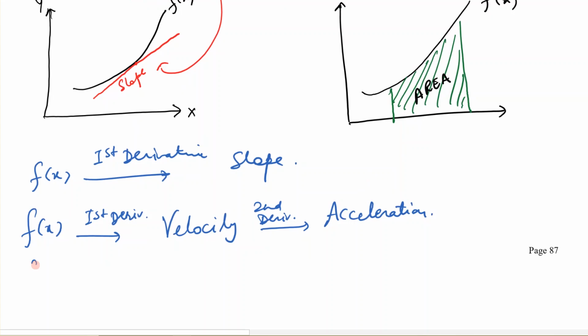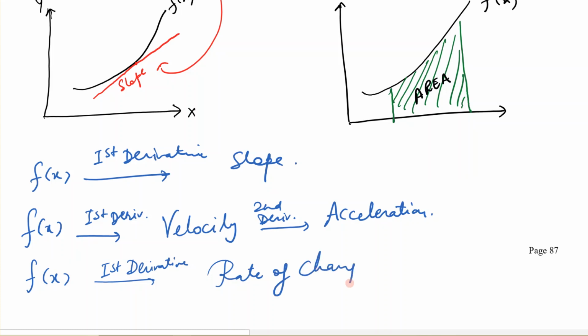And also we learned that if you take the first derivative with respect to time, it gives you the rate of change of something, such as a chemical reaction or anything.